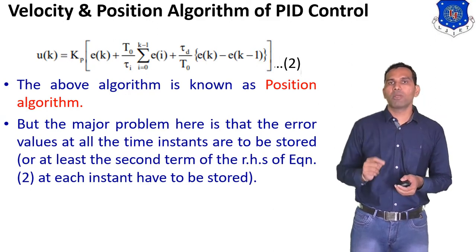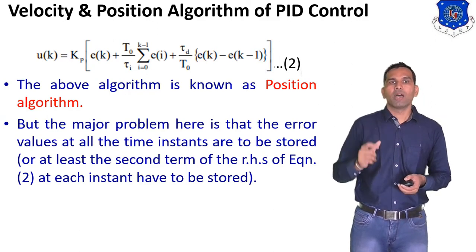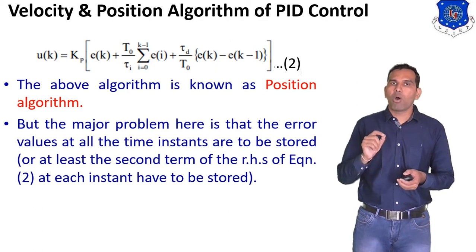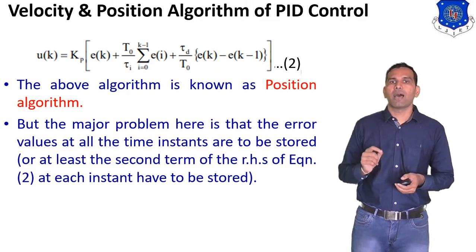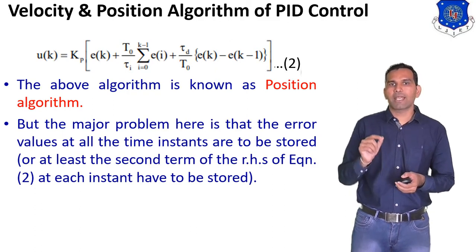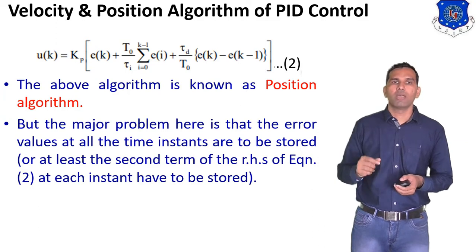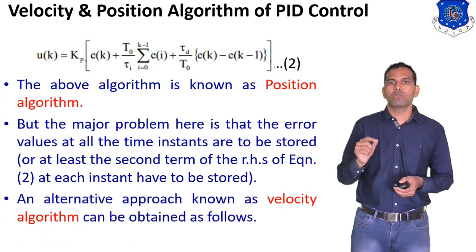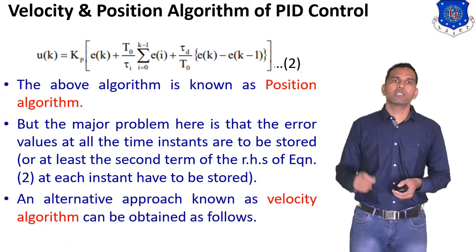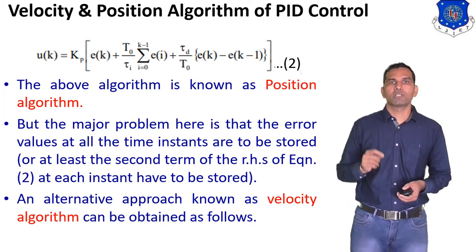But the major problem here is that the error values at all the time instants are to be stored. That means at least the second term of the RHS of equation number 2 at each instant has to be stored. So this is the main problem of this position algorithm.